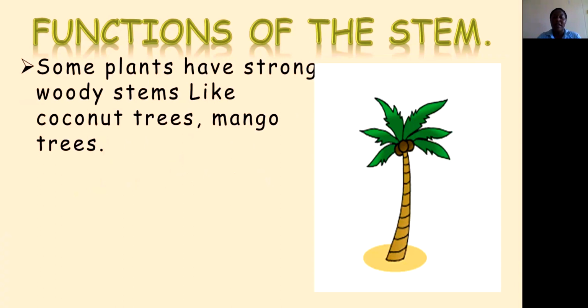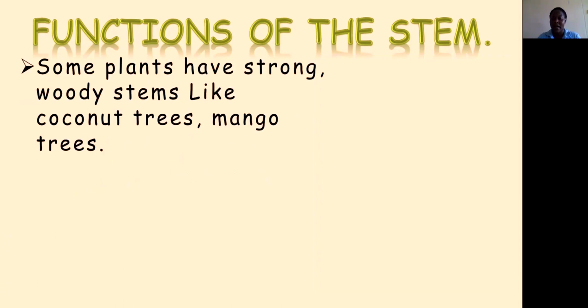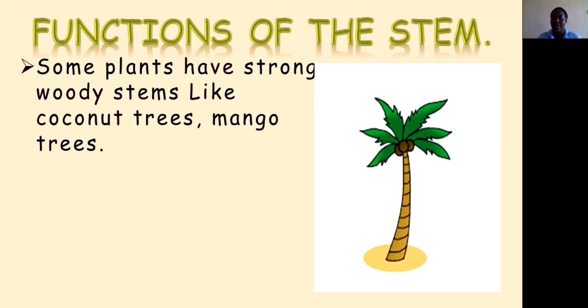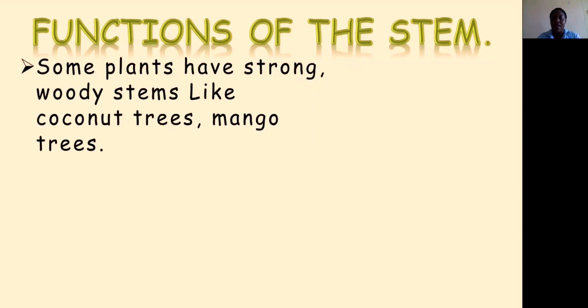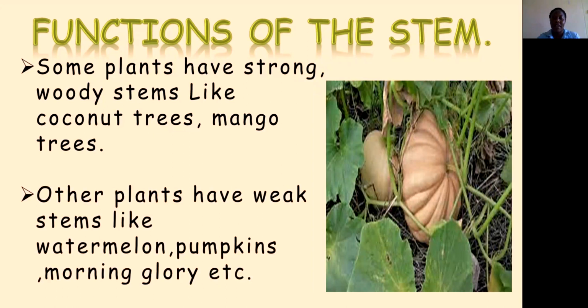Okay, and we talked about the stems. Some stems are strong and other stems are weak. On the screen is a coconut plant showing woody stems. The coconut plant is one of the plants with a strong and woody stem. Also a mango plant. Some stems are weak.